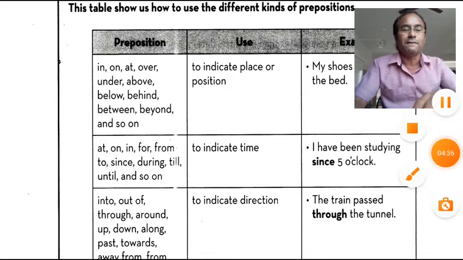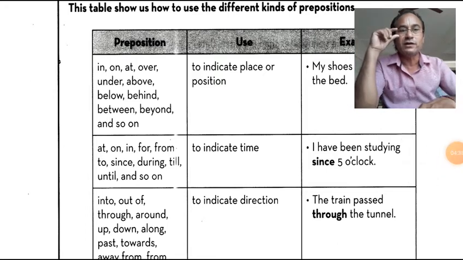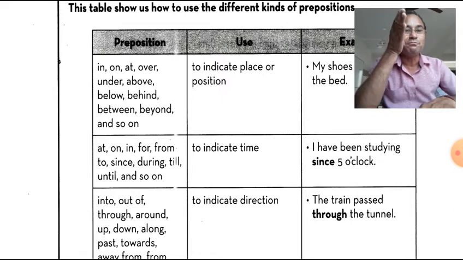So we have observed that at is here, on is here, in is here, and these prepositions are used in order to indicate place or position, and the same can be used in order to indicate time. I have been studying since 5 o'clock.